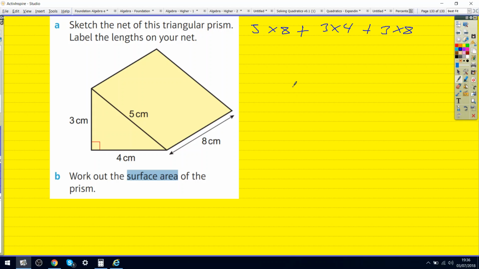Okay, that will give us 108 centimeters squared. And what about the floor that you can't see? 4 times 8. Did I not count that? So 4 times 8 as well, yeah. Okay, so I wasn't sure if you did. So that would give us 108, I think, centimeters squared. Okay. So that one's alright.